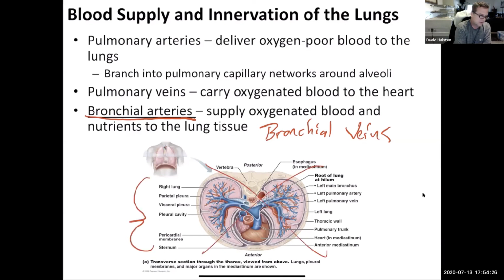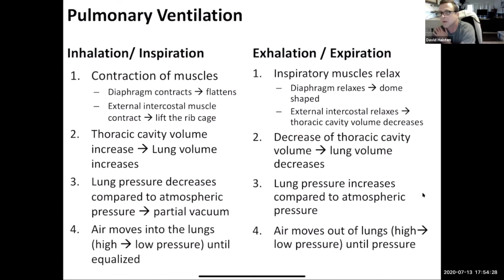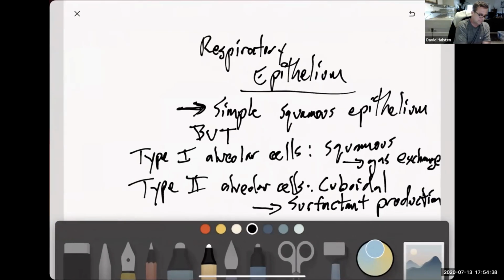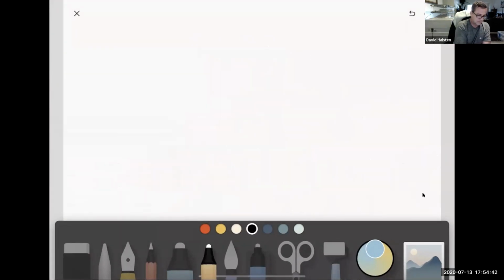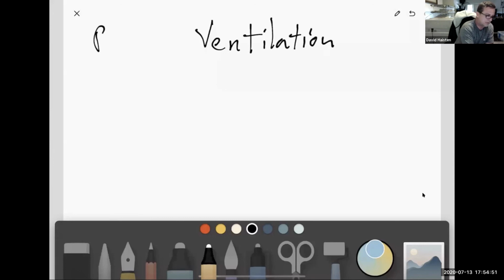Too much. Okay. Right, so let's talk about how air actually moves into your lungs. Pulmonary ventilation.